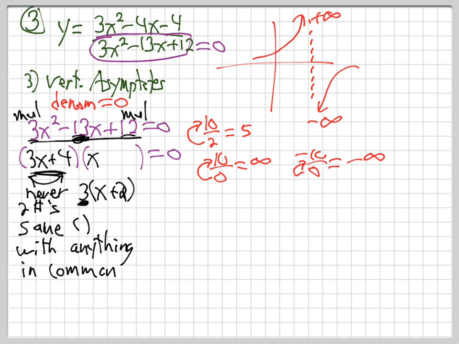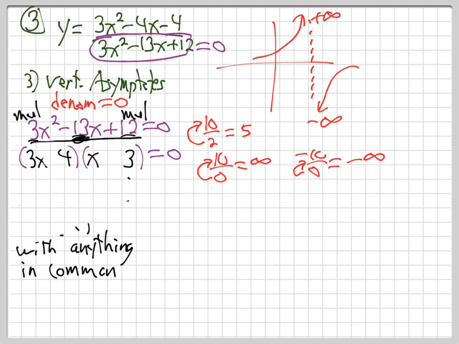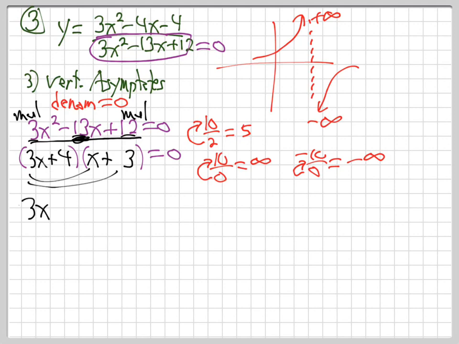So the 4 has to go there and the 3 there. That's a possibility, right? Because now there's nothing in common. 3 and 4 have nothing in common. x and 3 have nothing in common. So that might be it. Let's just make them both plus and check it. Boom, boom. 3x squared plus 9x, boom, boom, plus 4x plus 12.